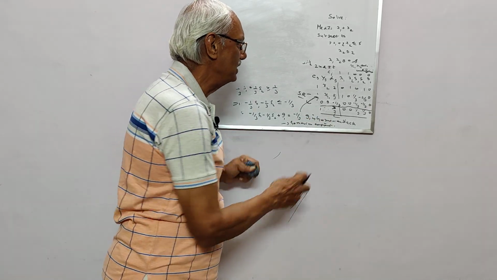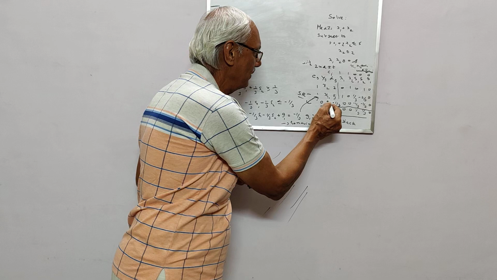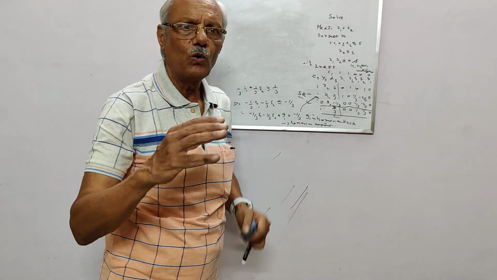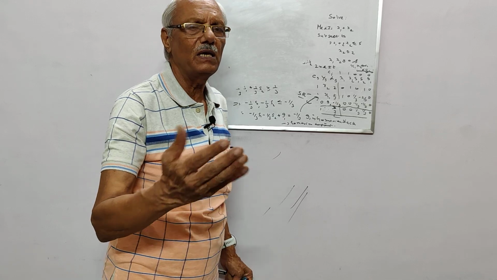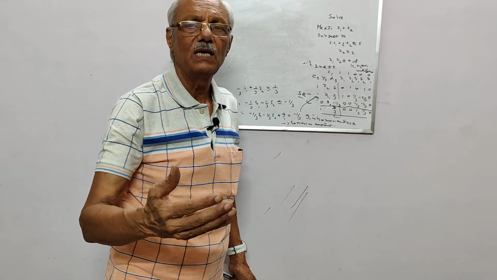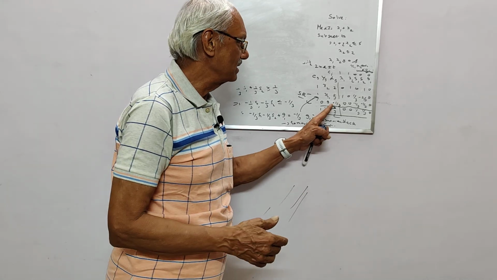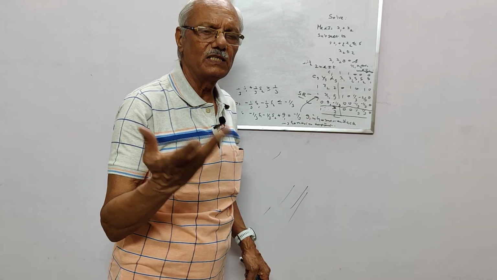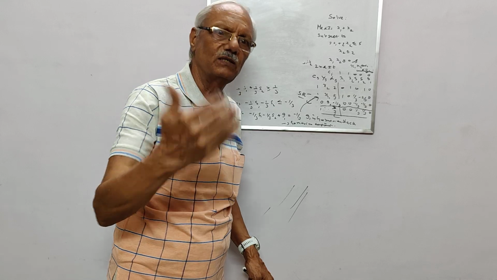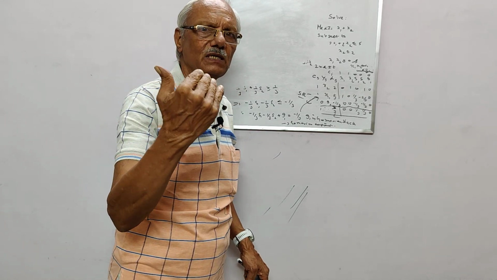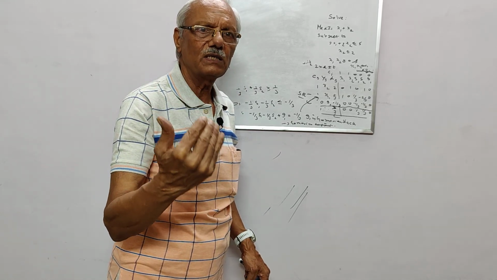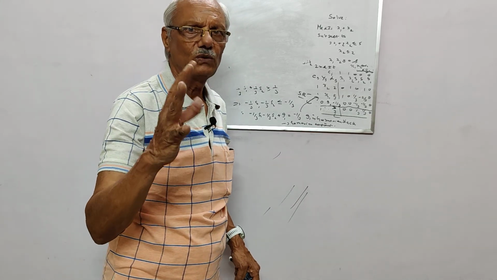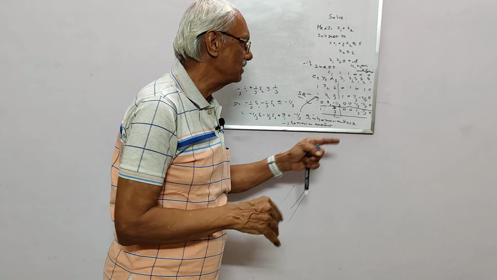Why I put G1: if the problem compels me to go for another Gomorian constraint, I will call that Gomorian slack G2. This Gomorian slack here is G1. Okay, now this is what I have done.